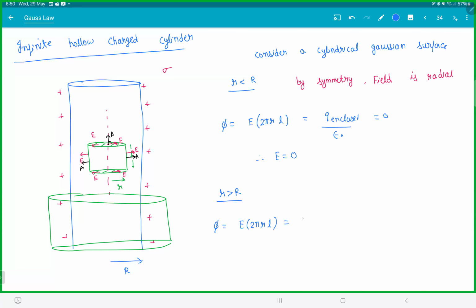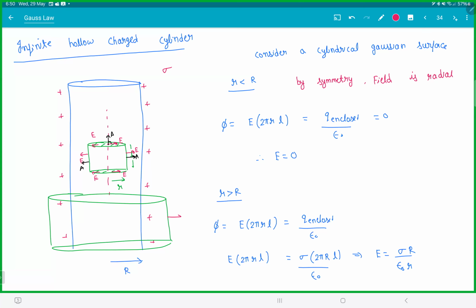But now there's a charge inside, which would be sigma into the surface area of that hollow cylinder, 2 pi R into L, by epsilon. So 2 pi L will cancel. You end up with E is equal to sigma R by epsilon small r. Is this clear, everyone? How we got the field?